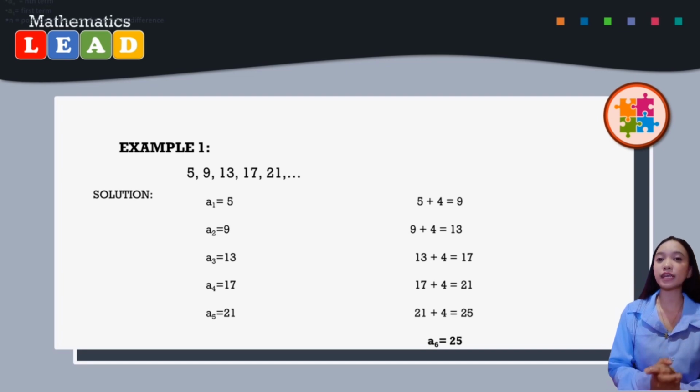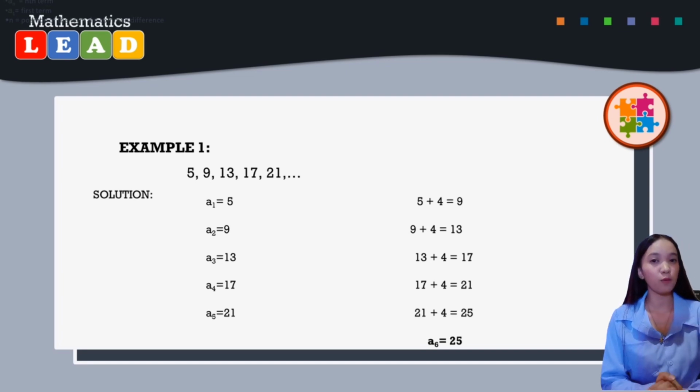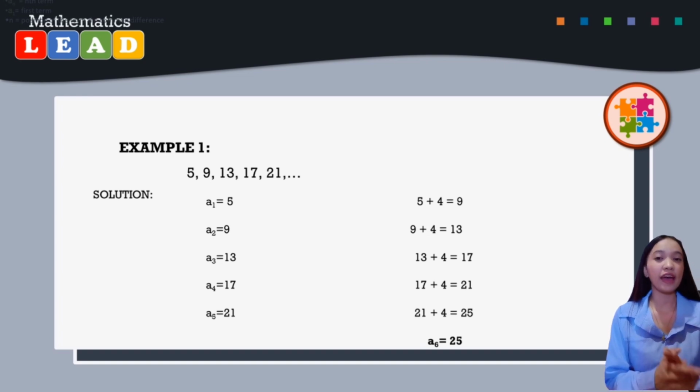To determine the next term of this sequence, we add 4 to 21, and the next term is 25. Since there is a common difference in this sequence, this is an example of an arithmetic sequence.